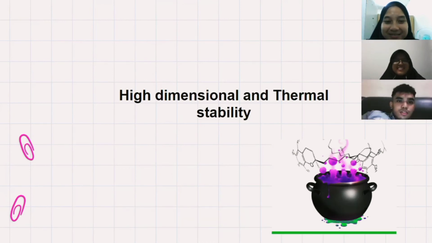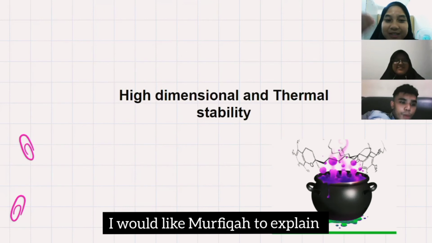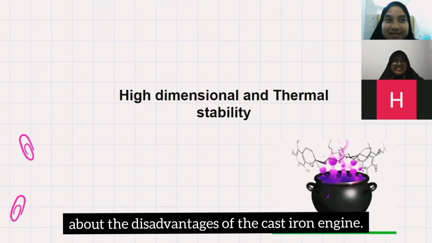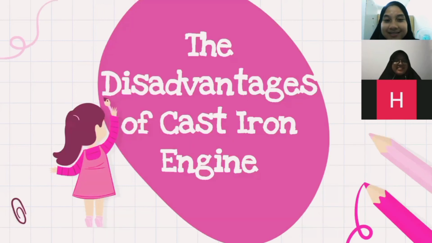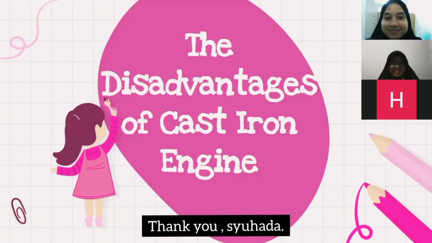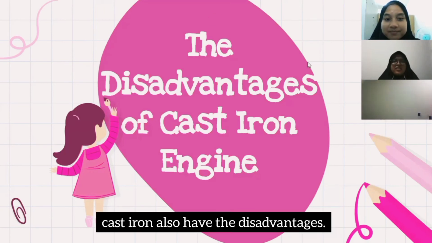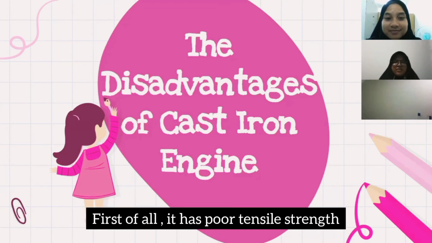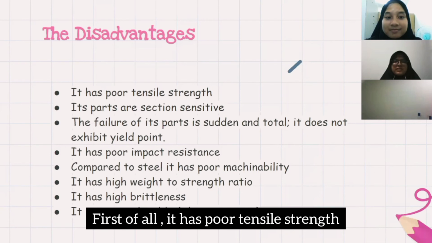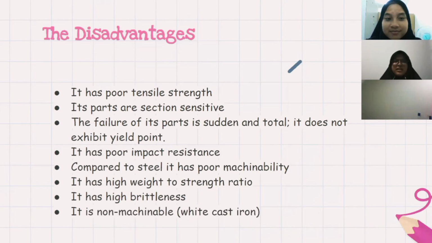Alright. For the next topic, I would like Murfiqah to explain about the disadvantages of the cast iron engine. Thank you, Syuhada. Despite having a lot of advantages, cast iron also has disadvantages. First of all, it has poor tensile strength because of the austenitic matrix with plate graphite.